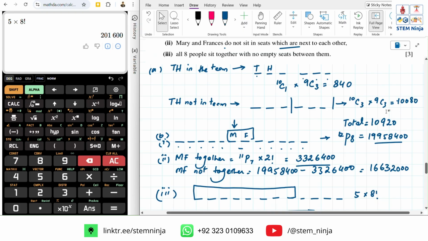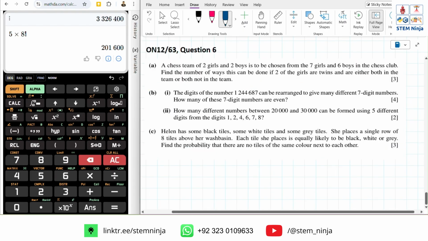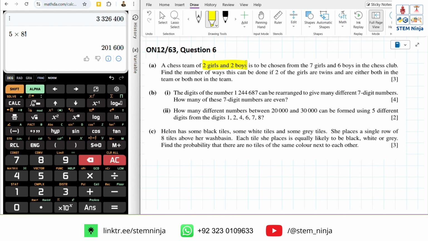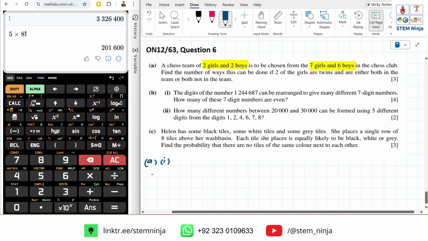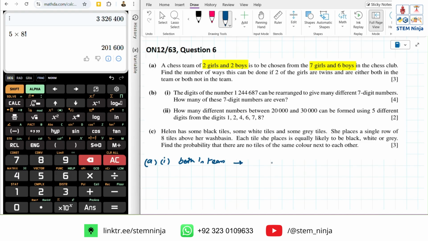All right, so that's it. All right, let's see the next question. A chess team of 2 girls and 2 boys is to be chosen from 7 girls and 6 boys. Find the number of ways this can be done if 2 of the girls are twins and either both are in the team or both are not on the team. So this is a fairly common line of questioning. If both are in the team, that means we only need to select the boys.